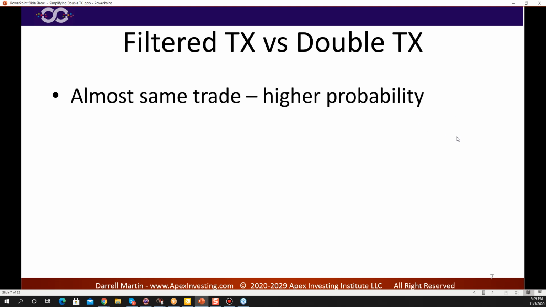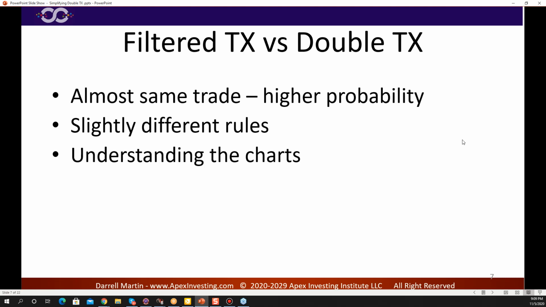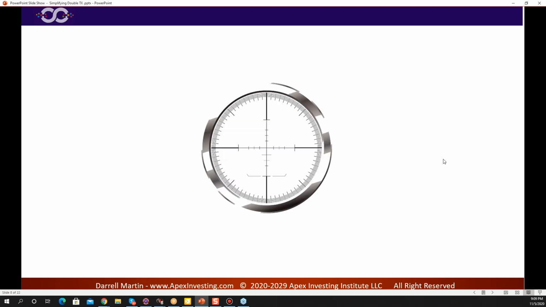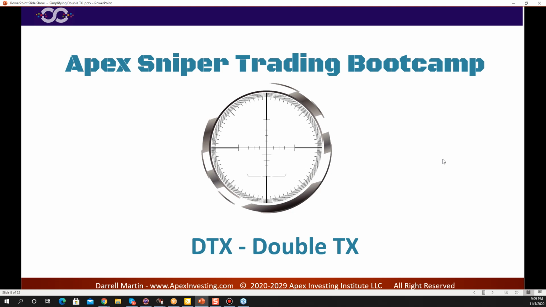Tonight we're going to talk about the double TX trade, and they're almost the same trade. They're very similar, but there is a little bit higher probability with the double TX trades. Slightly different rules, just 1 or 2 differences.